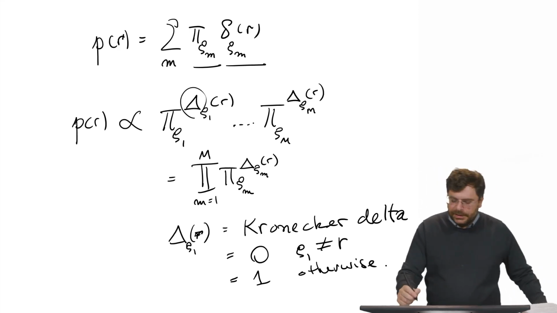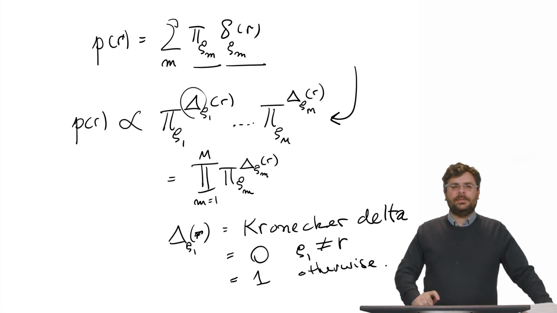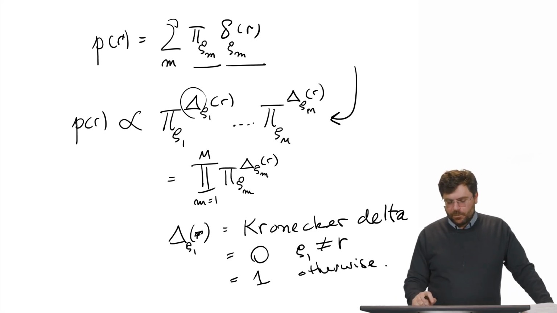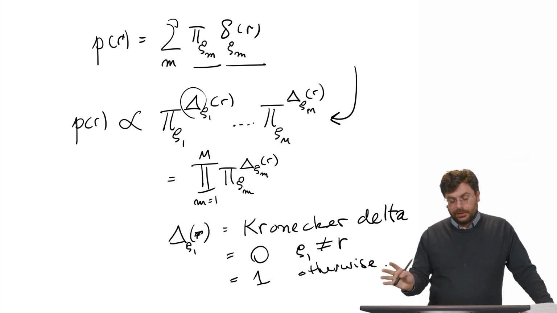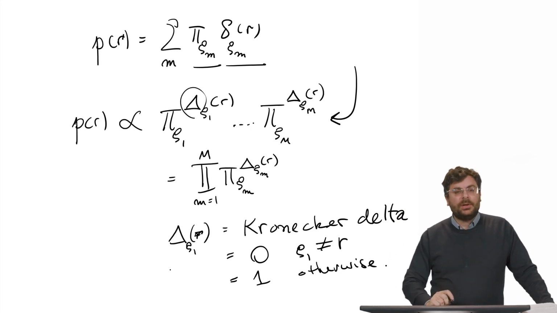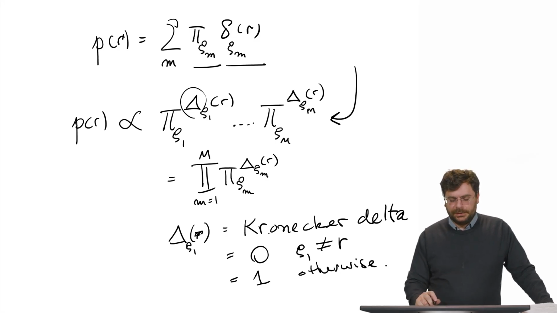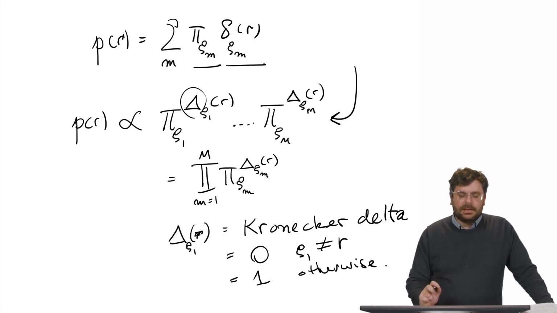So let's make sure that this product form here makes sense to us. Suppose again that I have two outcomes, heads or tails. So my rho 1 coincides with heads and my rho 2 coincides with tails. If my r, my random variable, is realized to heads, then r is equal to rho 1.